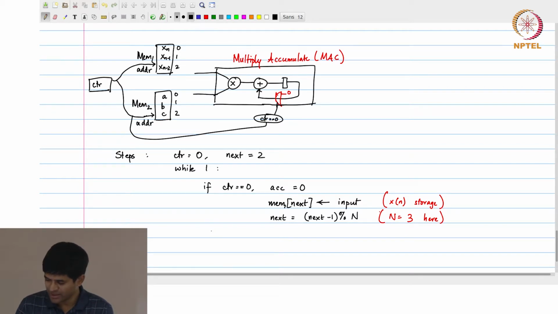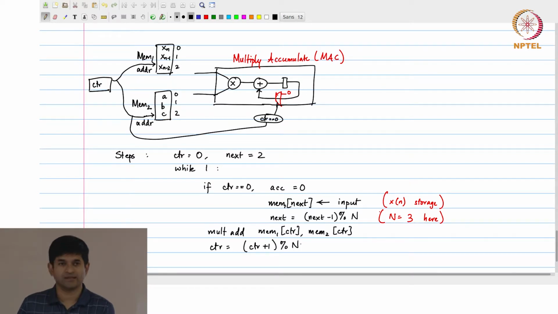After all of that has been done, the next step would be to multiply and add mem1 of counter with mem2 of counter, and do counter equals counter plus 1 modulo n. So what's happening out here?